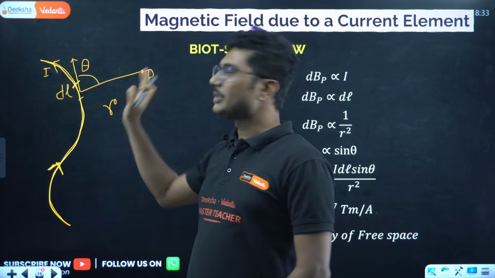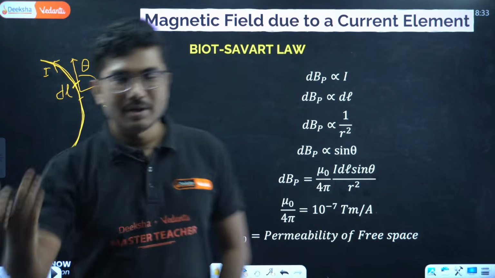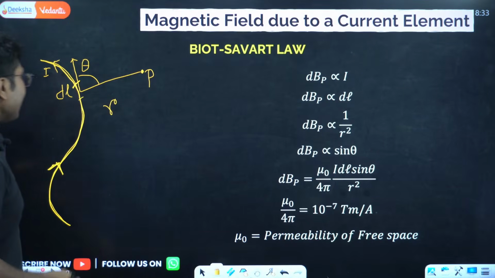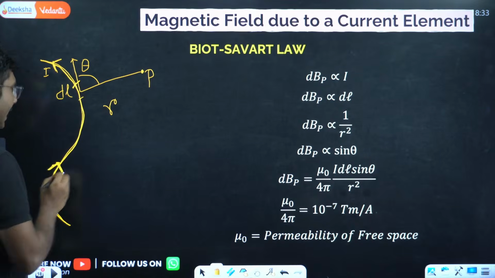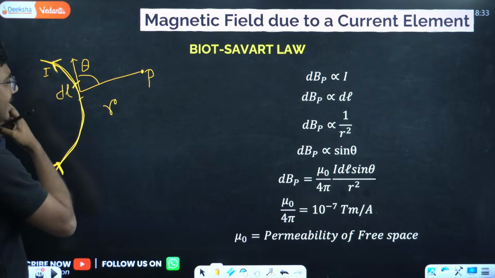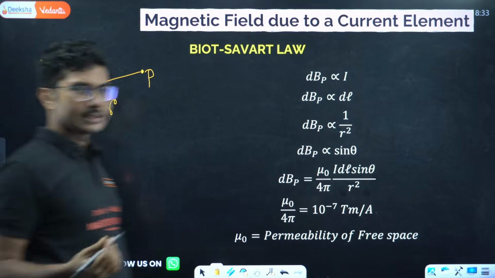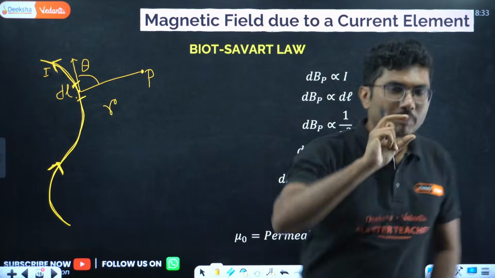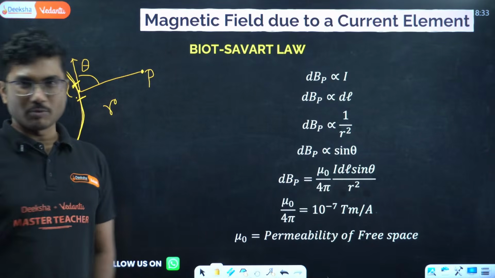The shape is not important, the major thing is that it should not be a regular shaped wire. Current is being carried by this wire. Because this is not a regular shape, we need to take a small portion of the wire, called a current element, and try to find the magnetic field due to that small portion.